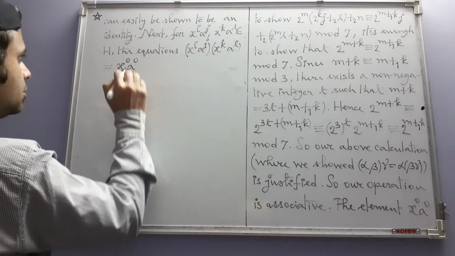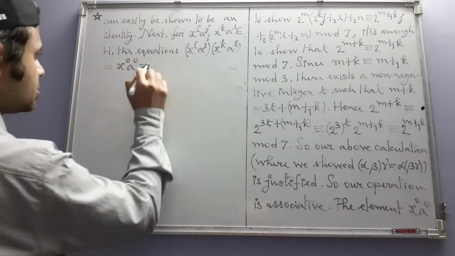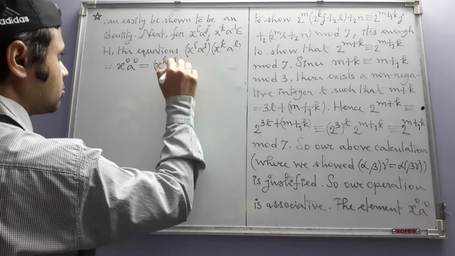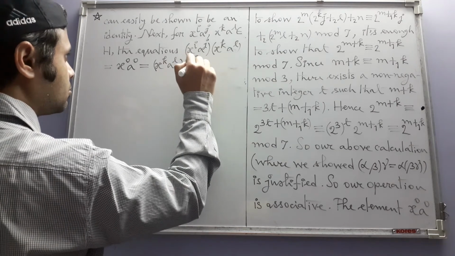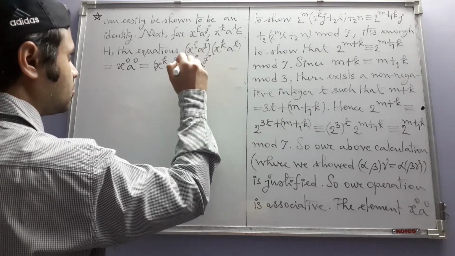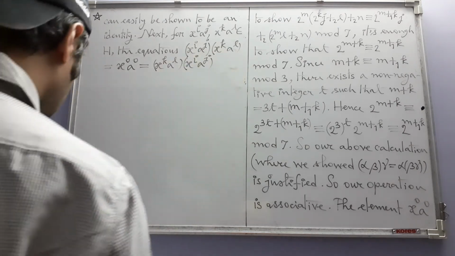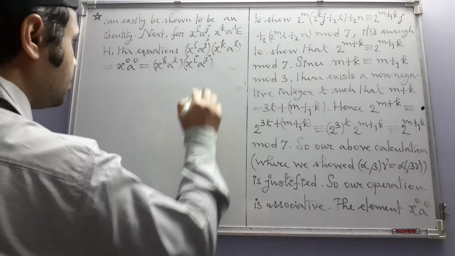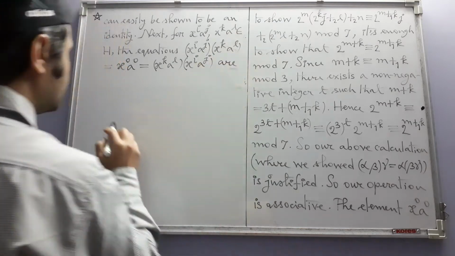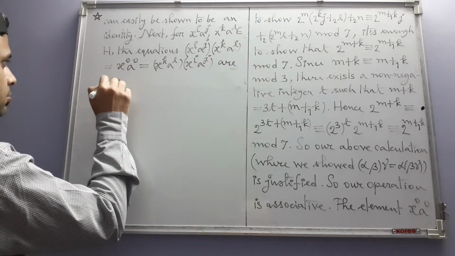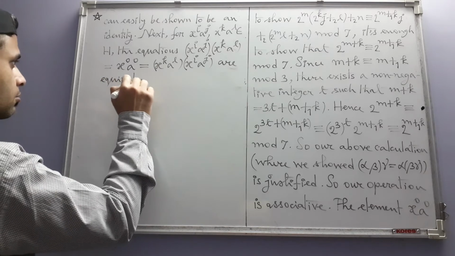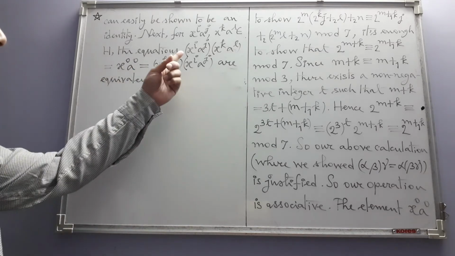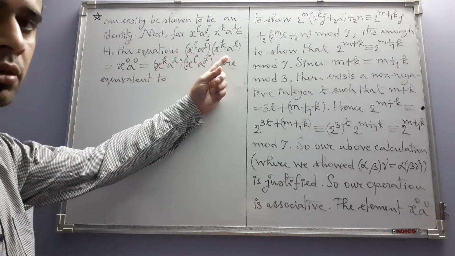So we have this, and also at the same time these equations are equivalent to these congruences. What you do, you just apply the definition of our binary operation.